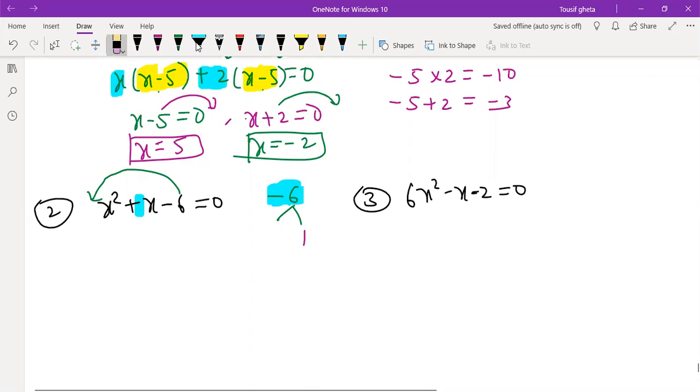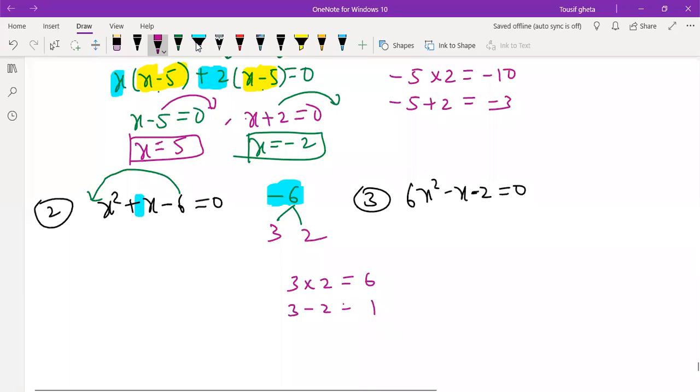So this is not the correct number. Try another number. 3 twos are 6. We want plus 1, so just write 3 minus 2.